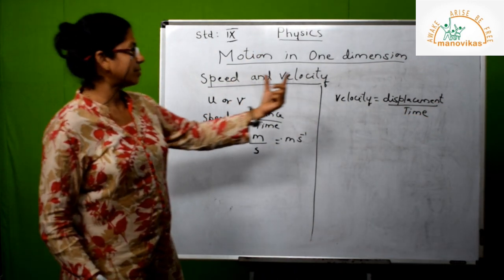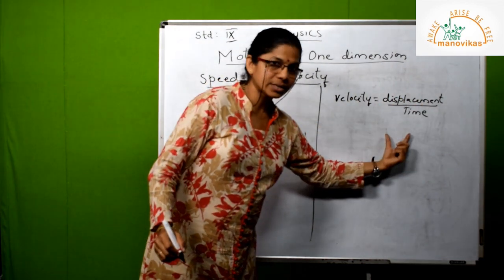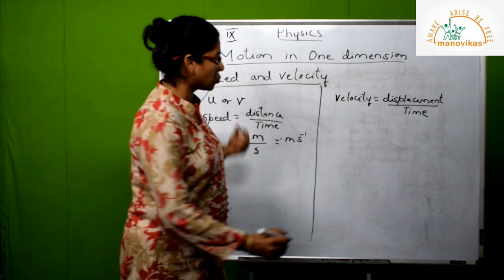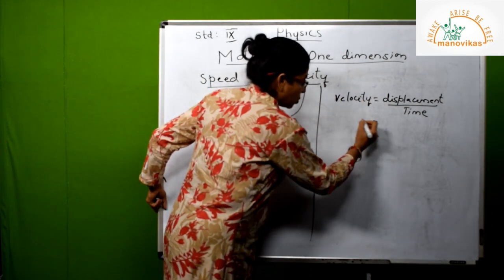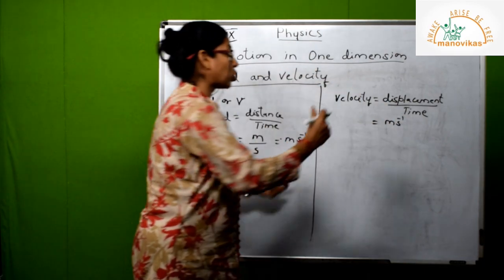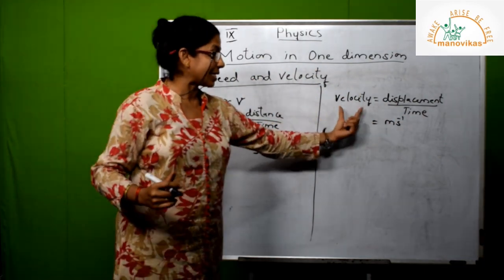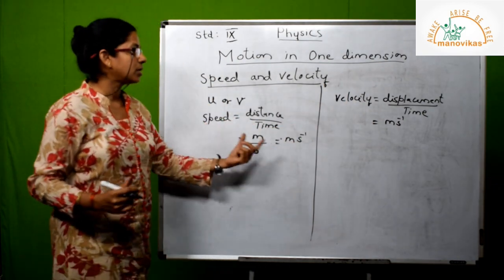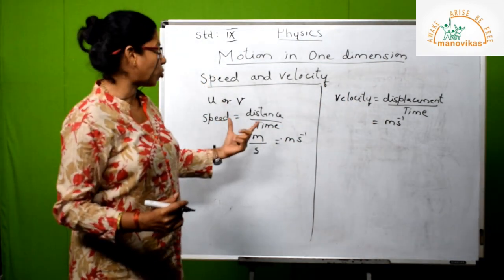Again, the SI unit of displacement is meters, and time is in seconds. So the unit of velocity is again meters per second, but it's very important to mention the direction in case of velocity, whereas for speed, direction is not important.